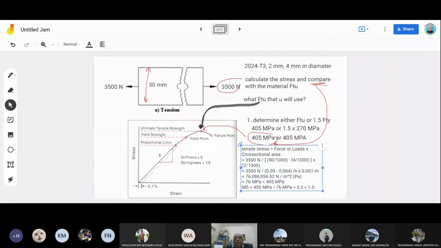Any questions? And I expected you to do this in your exam, in your quizzes, in your assignment, because that is how we do in engineering report. We have to do step by step and have to explain every detail of the analysis.